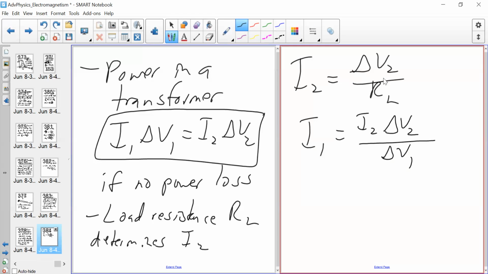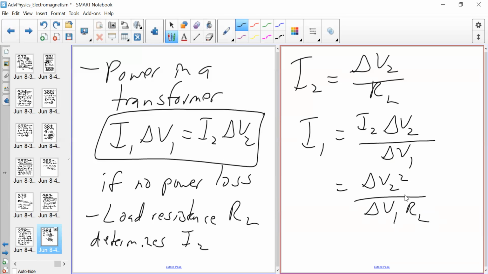So now this is I2, I1, this is all from here. Then now we have our expression for I2, substitute in here. And that becomes delta V2 squared over delta V1 times the load resistor.